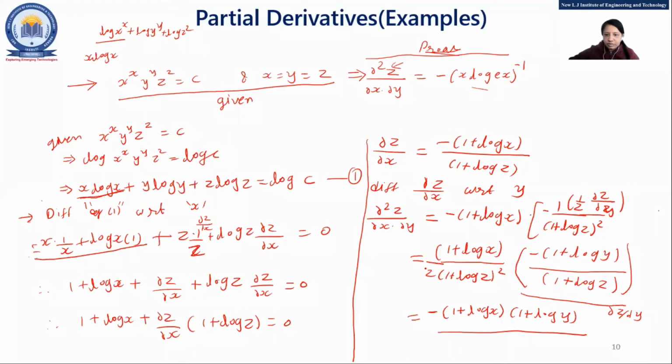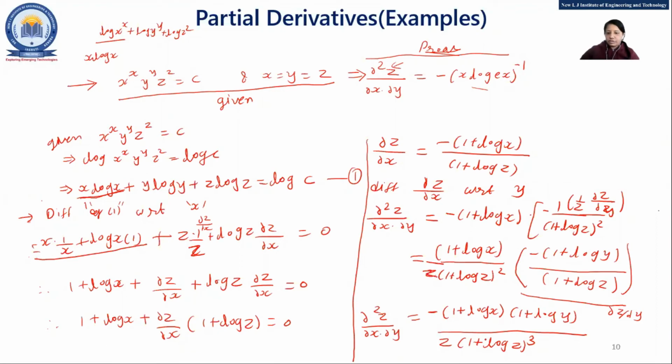It's 1 by z, sorry, it's z, fine. So what? Again z, and 1 plus log z cube, like that. This is my what? Del square z upon del x into del y. Okay, now what can we do now?